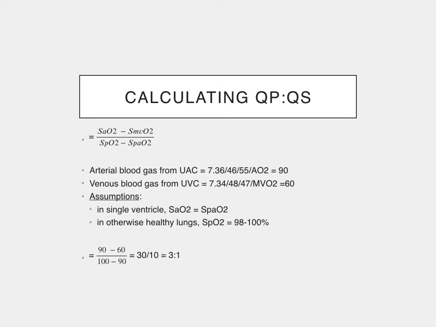So what this tells us is the quotient of pulmonary blood flow compared to the quotient of systemic blood flow is 3 to 1. So this is a scenario where we're seeing pulmonary overcirculation in the tricuspid atresia patient, likely one with a very large unrestricted VSD.